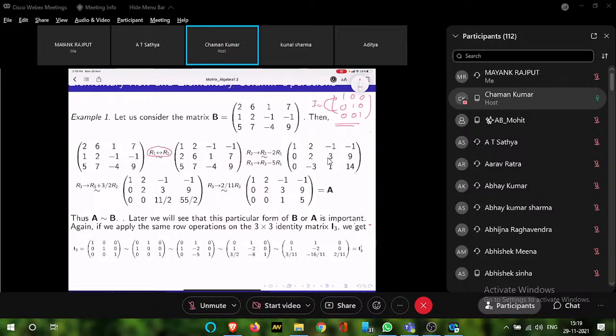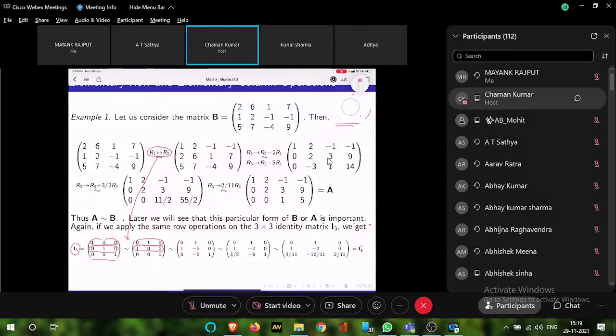So you have this identity matrix, and then you apply this operation, interchanging R1 and R2. Your second row will become the first row, so you have 0 1 0, and the first row will become the second row, so this will be 1 0 0.